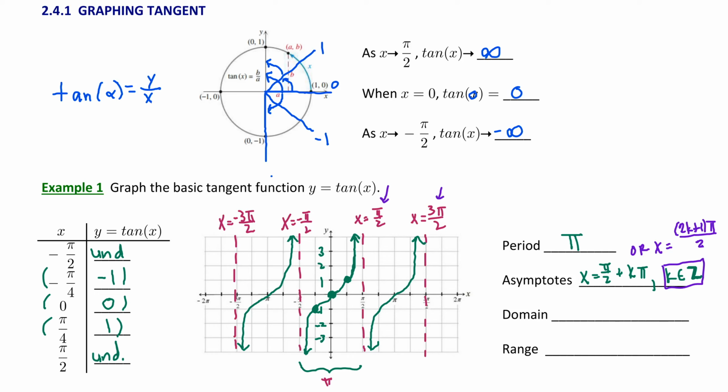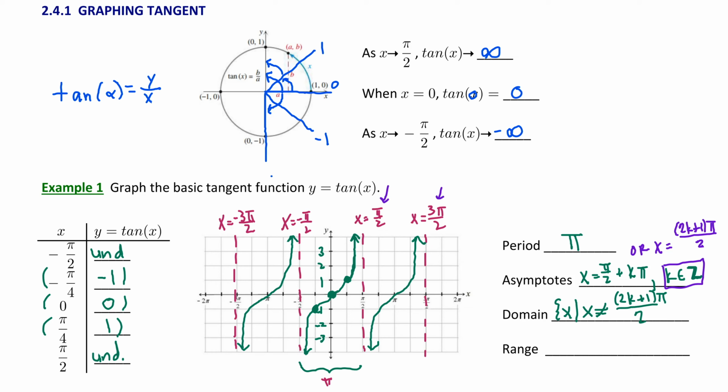Once we've done the hard work to locate the asymptotes, then we're going to specify that the domain is defined everywhere except those asymptotes. So in set builder notation, we can say the domain is the set of all x such that x is not equal to, and I'm going to use the (2k+1) pi/2 expression.